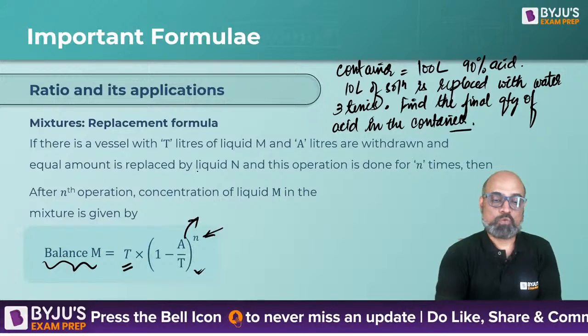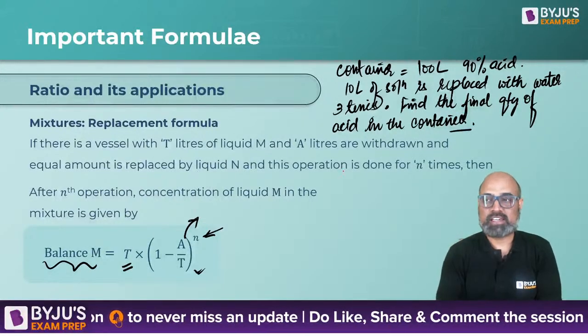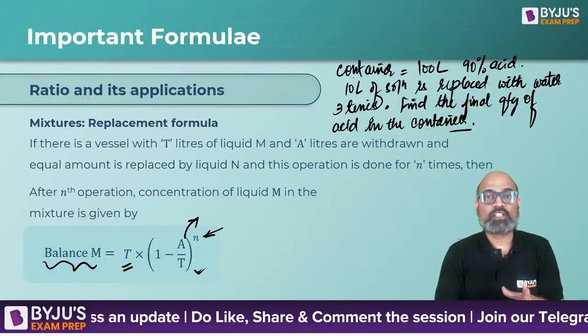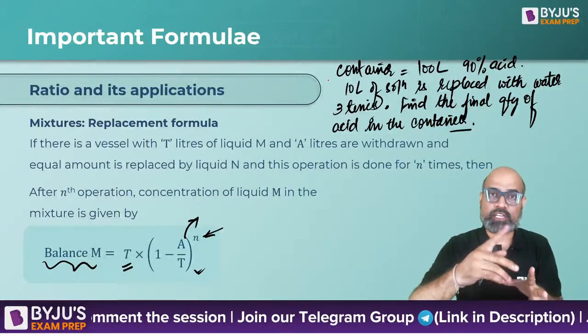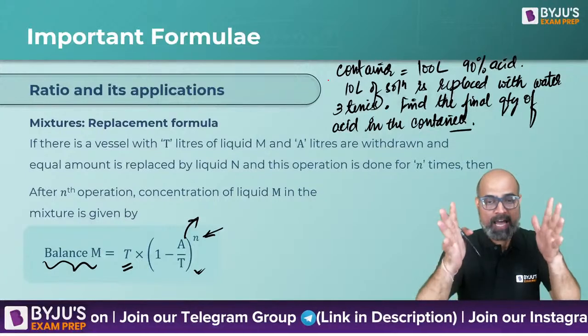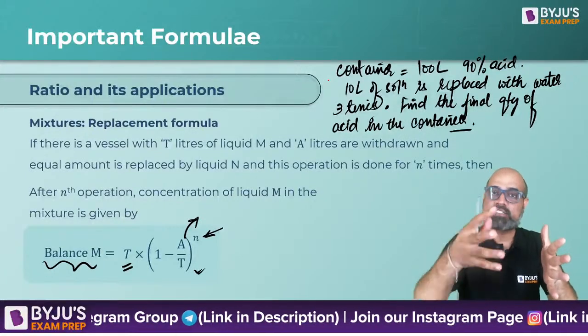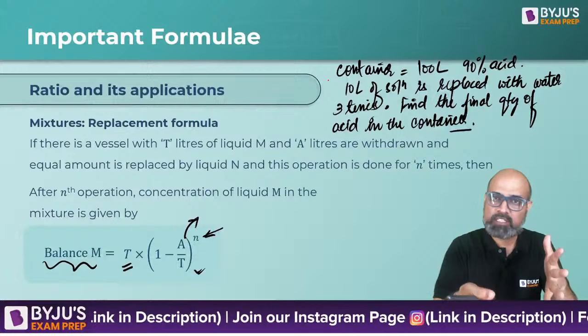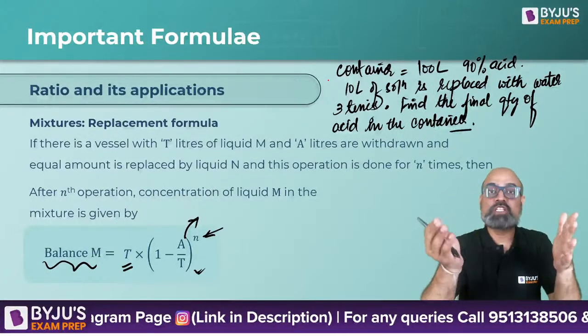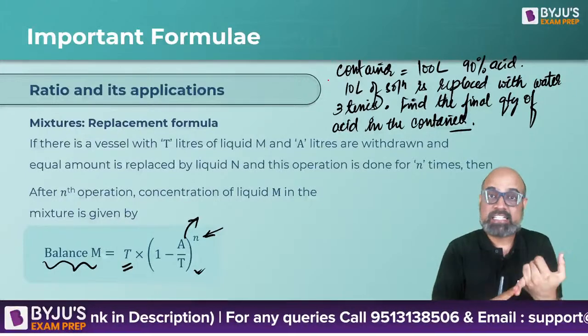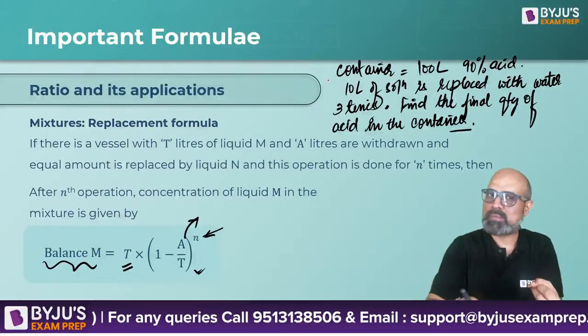Okay, so what you do in such questions is you start thinking about what is being added back. Okay, this is important. You have a container that has got acid and water or maybe some other constituent. Okay, 100 liters is there, out of which 90% is acid, as in 90 liters is acid and 10 liters is maybe water or something else.